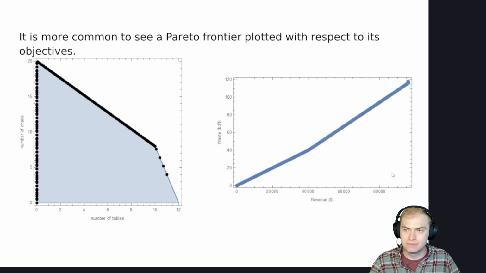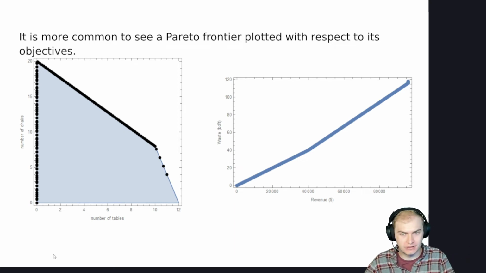It's more common to see the Pareto frontier plotted against its objectives. So here I took all of the same solutions, found both of their objective function values, because remember there are 2 objective functions here, profit and waste, and plotted those against each other.